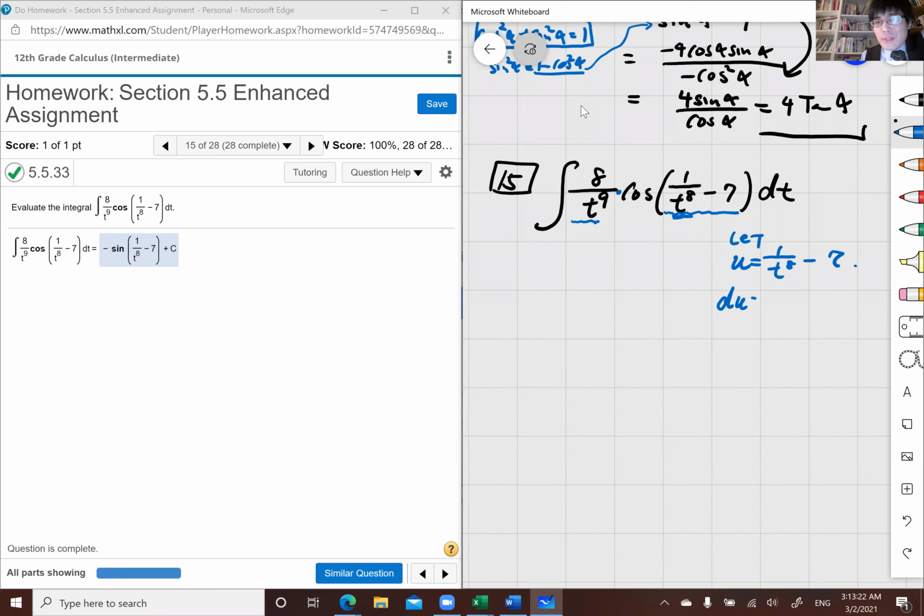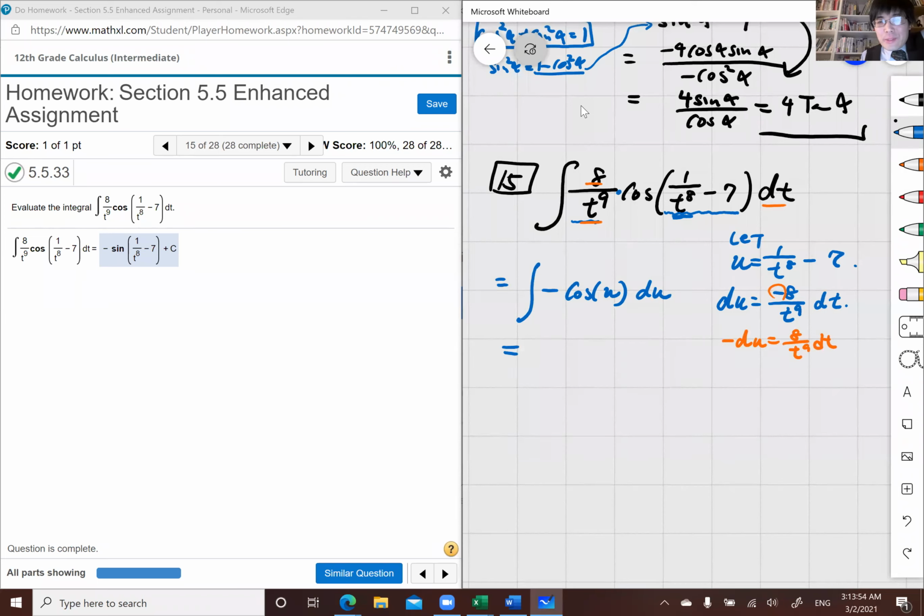Then du is going to be negative 8 over t to the power of 9 dt. So the only difference here is just a negative sign. So negative du is going to replace everything here. So this is going to be cosine of u times minus du.